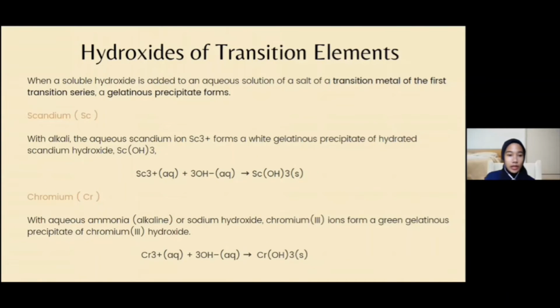Next, we have chromium with aqueous ammonia or sodium hydroxide. Chromium 3 ions form a green gelatinous precipitate of chromium 3 hydroxide. This is the chemical equation for the chromium ion reacting with 3 hydroxide ions to form chromium 3 hydroxide.